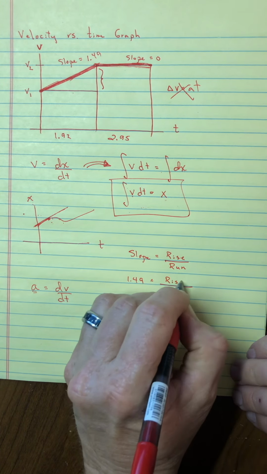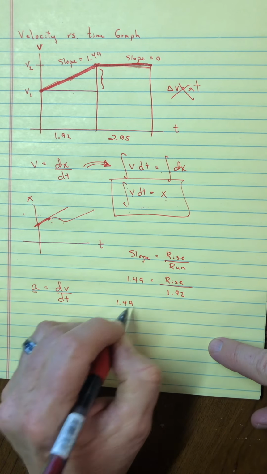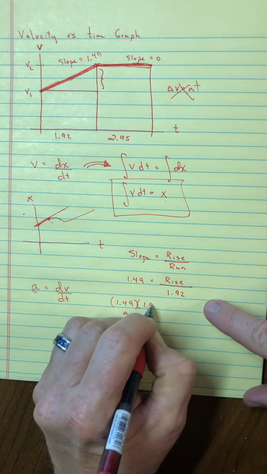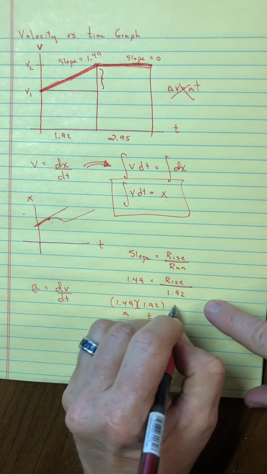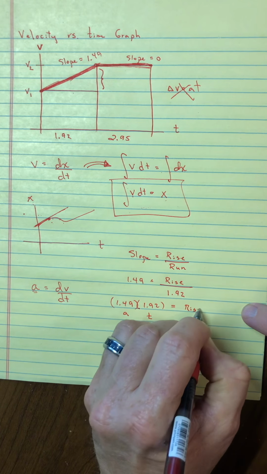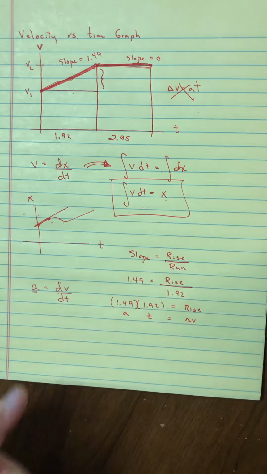And this would be the rise. And if I move this to the other side, this right here would be the acceleration. This right here would be the time. And then this rise that I'm looking for would be the change in speed. See, and that's the equation here.